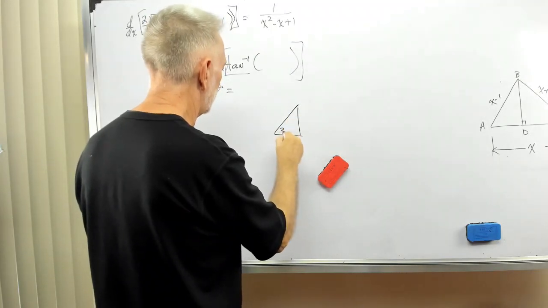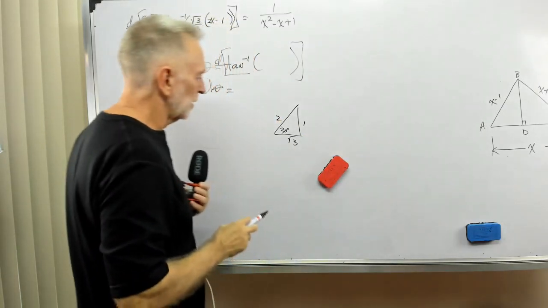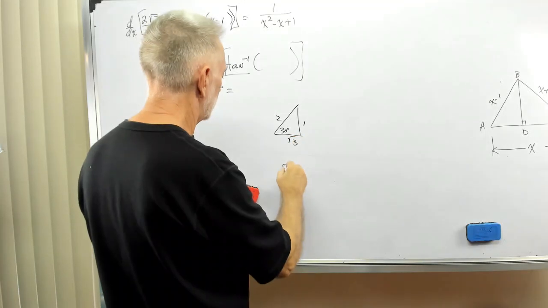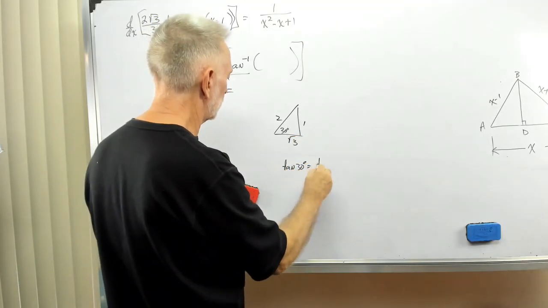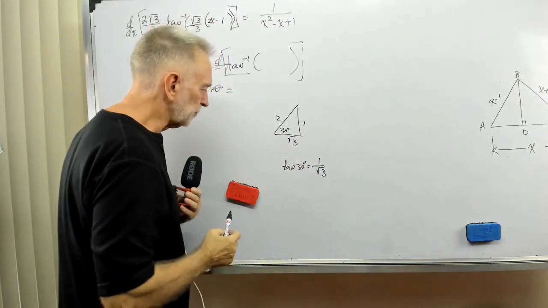I have 30 degrees, so that's 1, square root 3, 2. If I had tangent of 30 degrees, that equals 1 over square root 3, the opposite over adjacent.